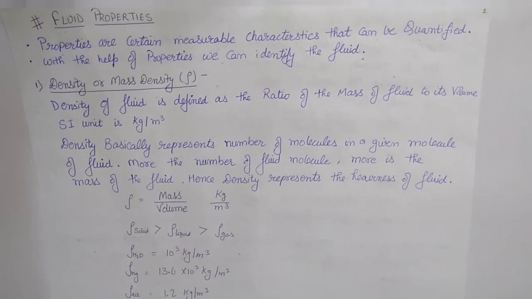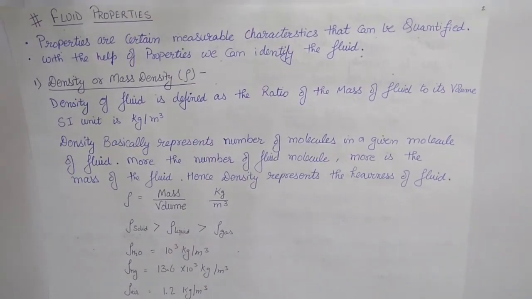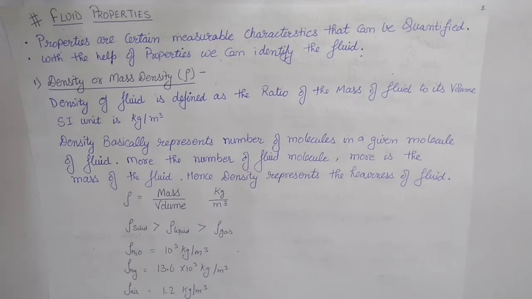Fluid properties. Properties are certain measurable characteristics that can be quantified. With the help of properties, we can identify the type of fluid. First of all, we're going to discuss density, or mass density, which is denoted by rho. The density of fluid is defined as the ratio of the mass of the fluid to its volume.